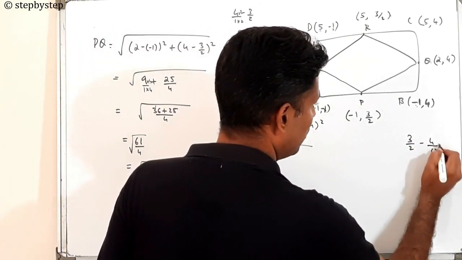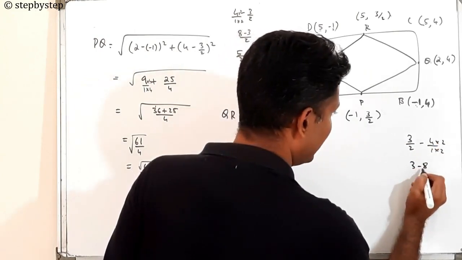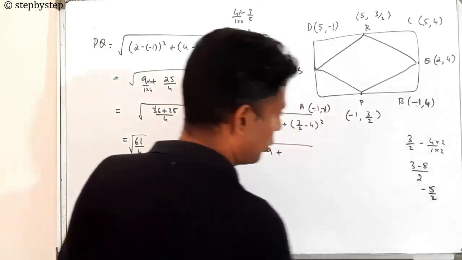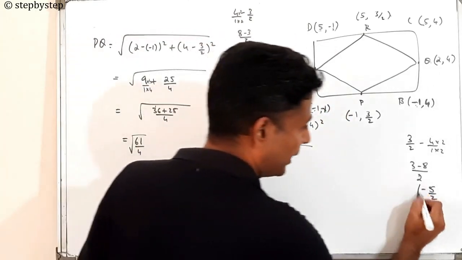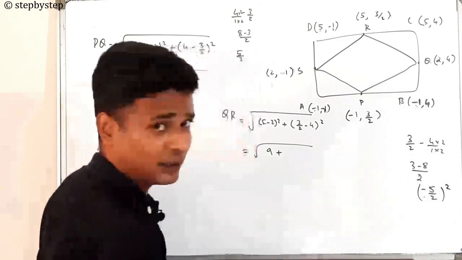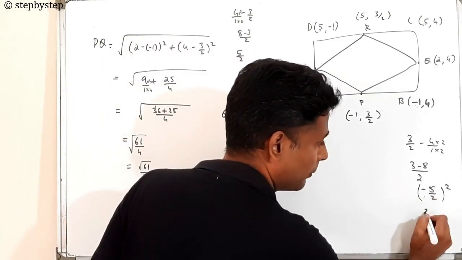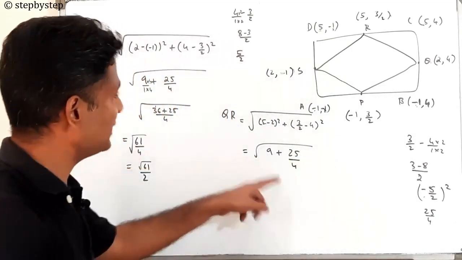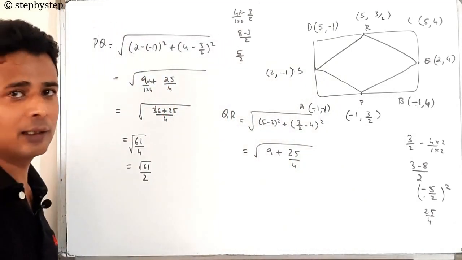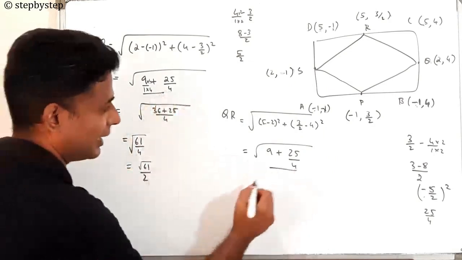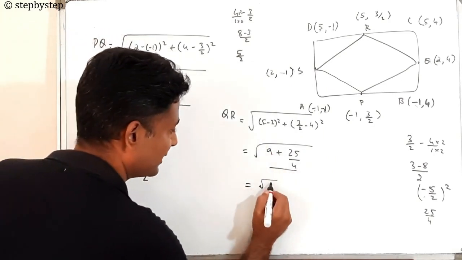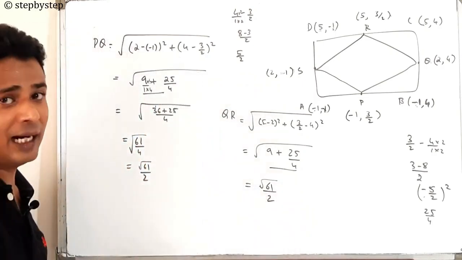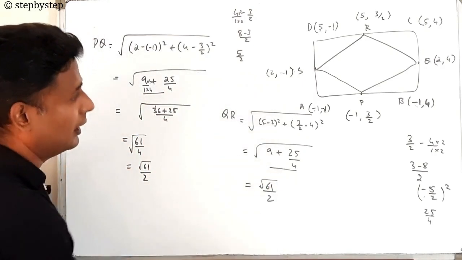So by 1 into 2 into 2, we get 3 minus 8 by 2, that is minus 5 by 2. It will become minus 5 by 2 whole square. Minus into minus becomes plus, so 5 by 2 whole square becomes 25 by 4. So we get 9 plus 25 by 4, just like how we got here. We got the same thing, so when we simplify and calculate, we'll get the same answer, root 61 by 2.